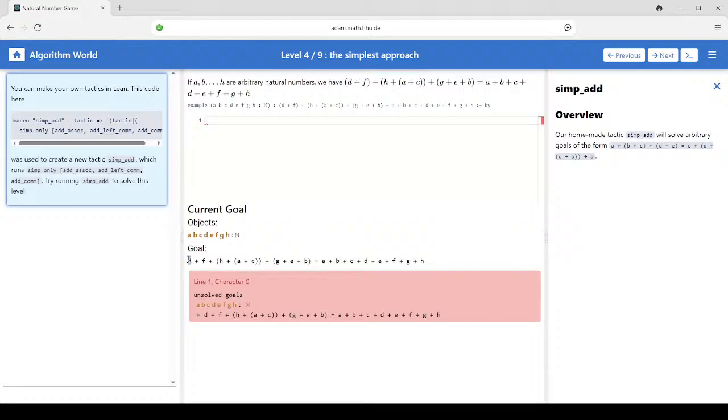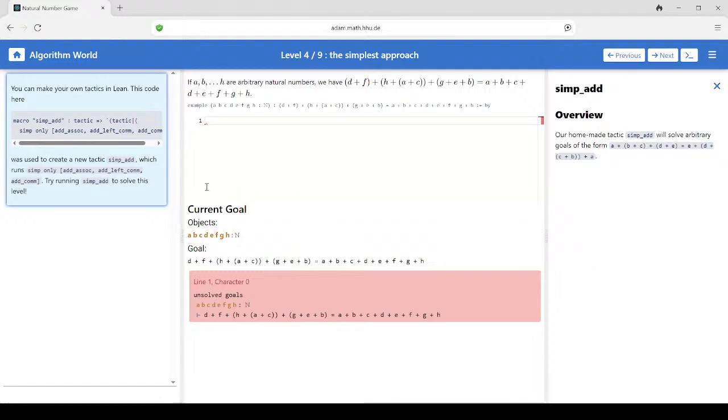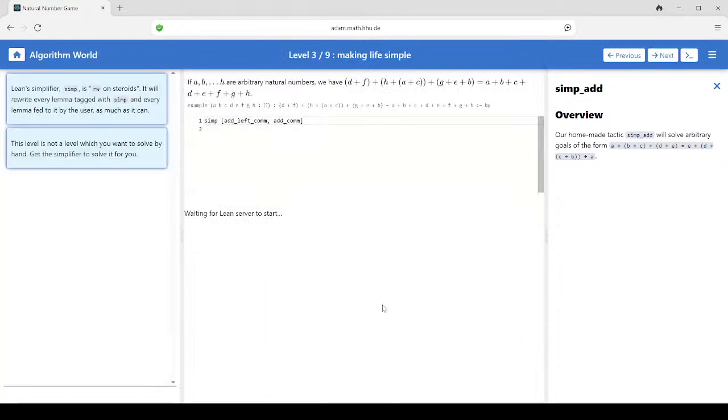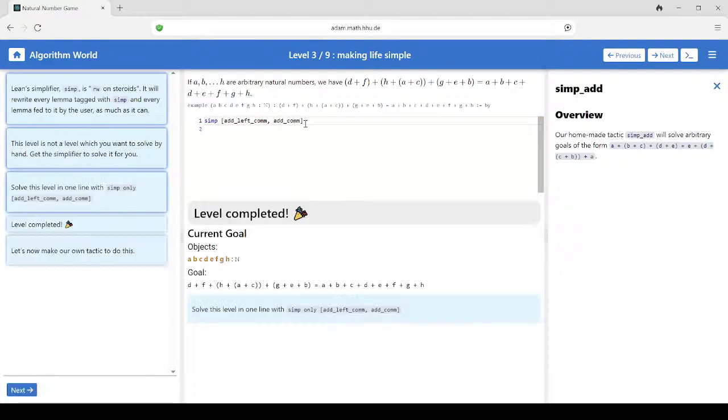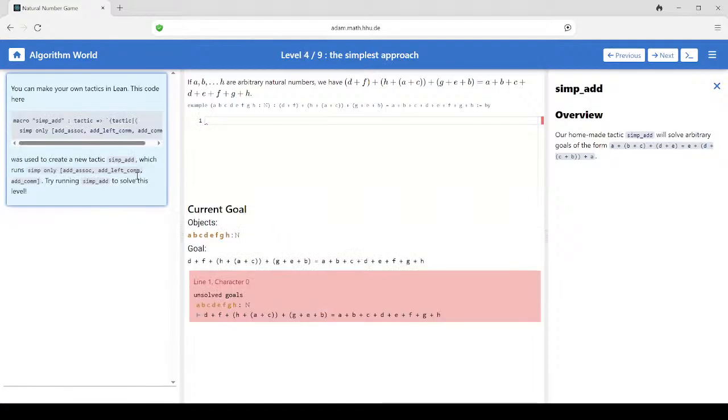Okay, so this is the exact same problem as we had last time, right? That was level 3. Add left commutative, add commutative. Yeah, that's different than this. Add associative, add left commutative, add commutative.